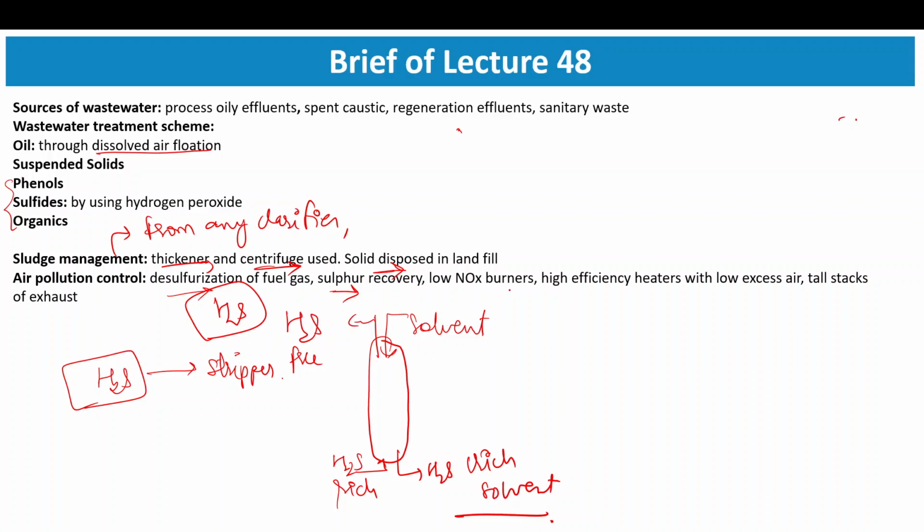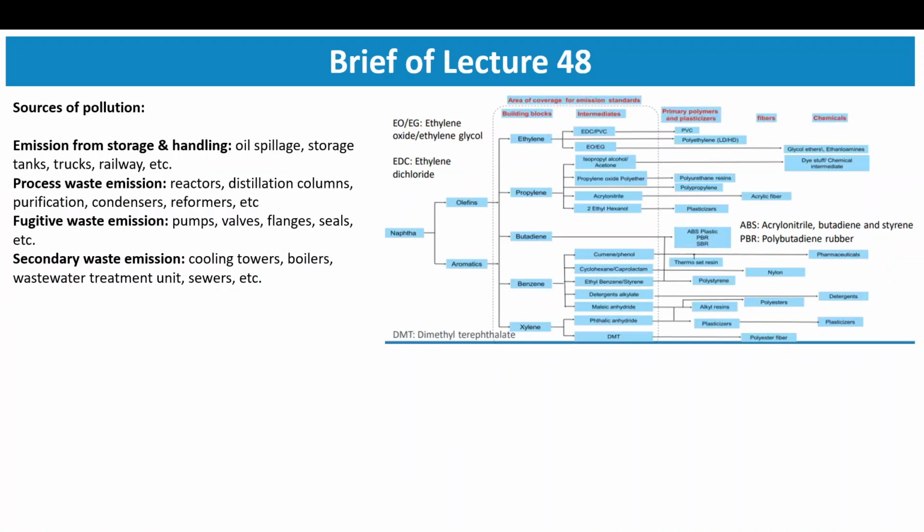Further, NOx also gets generated. So it is advisable to have an optimum air to fuel ratio in boilers, by using low excess air and tall stacks. So this is about the petroleum industry.